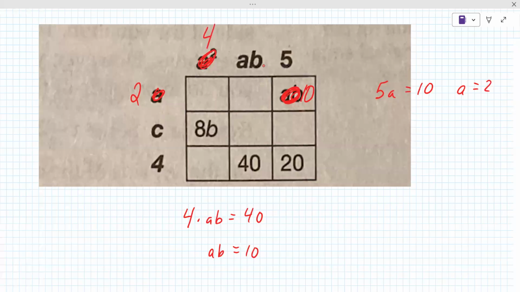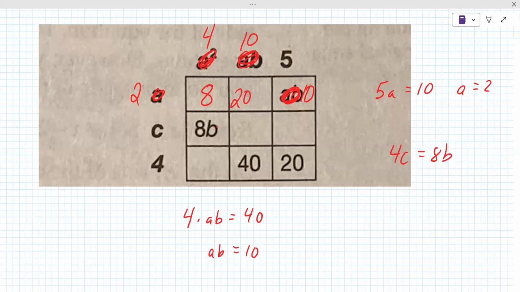2 squared is 4. And we already know that AB is 10. That's really going to help us a lot, because we know that 2 times 4 is 8. 2 times 10 is 20. And then this last one here, 4C equals 8B, if we need it.